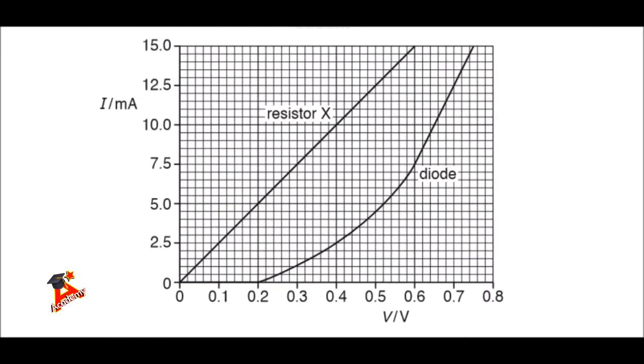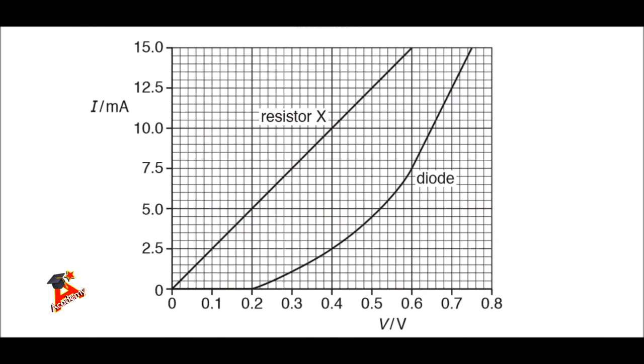Right, so at 0.6 volts, the current is 7.5 milliamps.